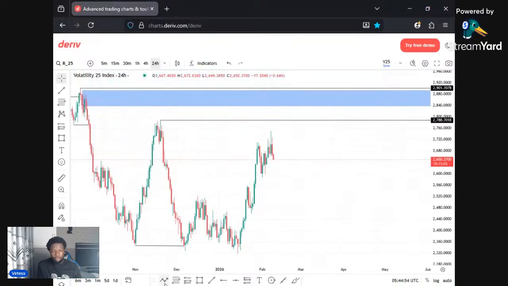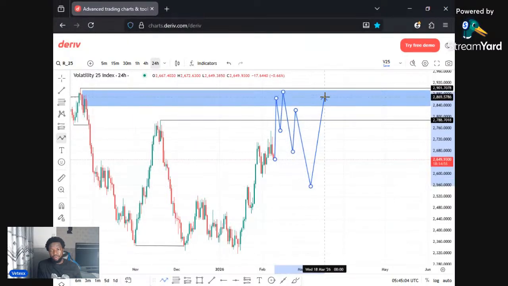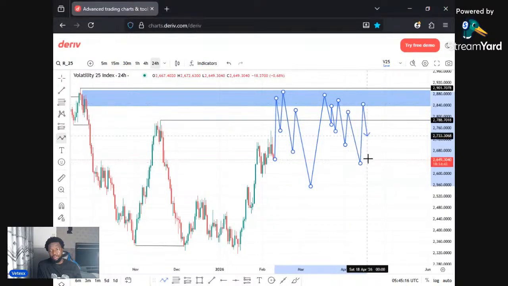So anticipate price to come into this zone and give us a 1-hour continuation like this, or a 4-hour one. Then we can go to the 1-hour time frame structure and anticipate the 1-hour continuation, so that we can then sell in the opposite direction.